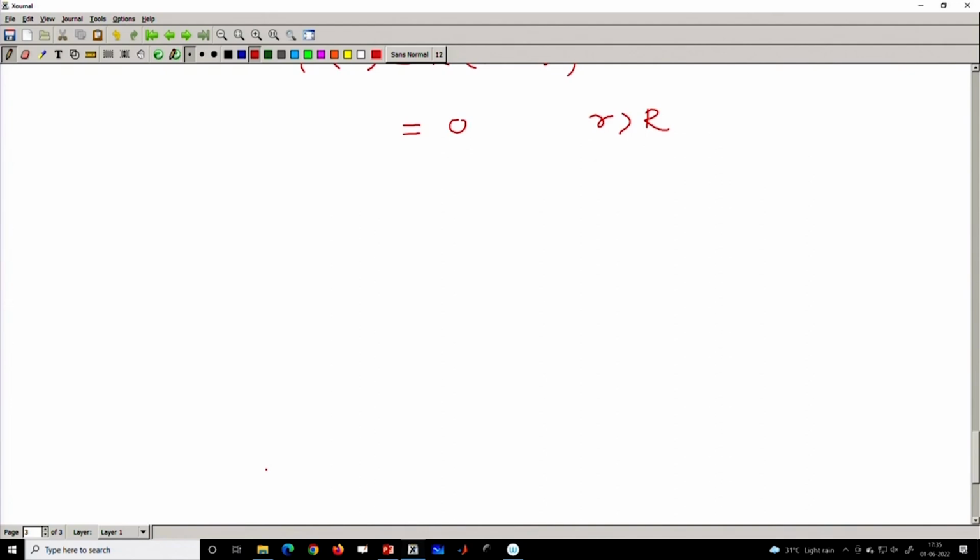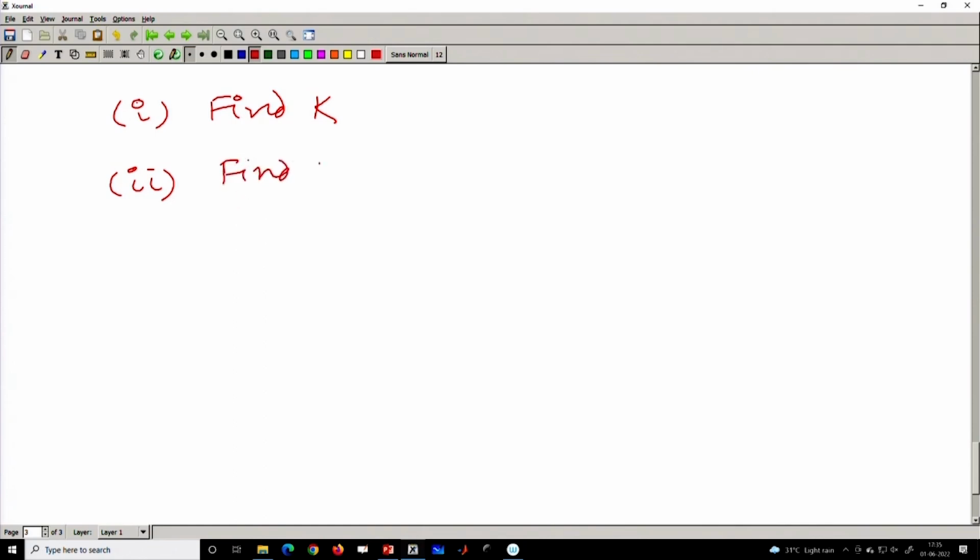The question that is asked is, first, find k, the value of k in terms of total charge. That we will see. The second question is, find the electric field E at some point r where r is less than r.